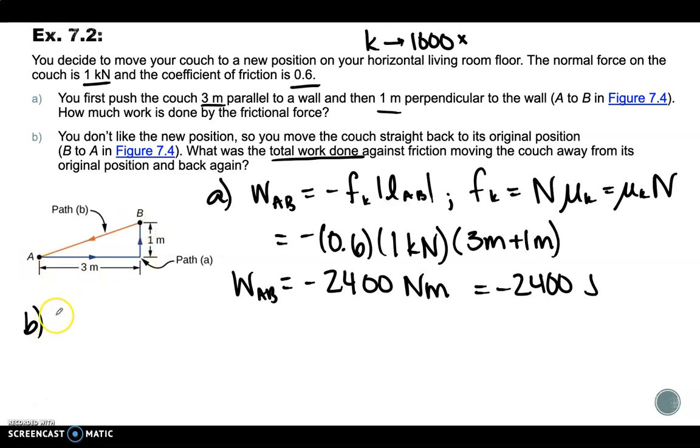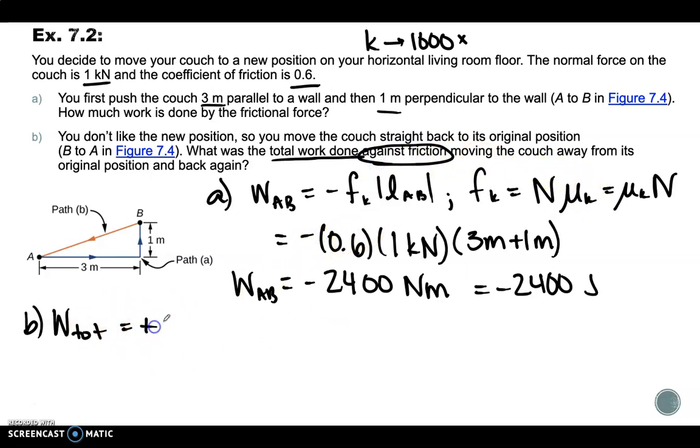Okay, so I'm going to say work total is going to be, against friction. Since it's against friction, it's going to be positive.